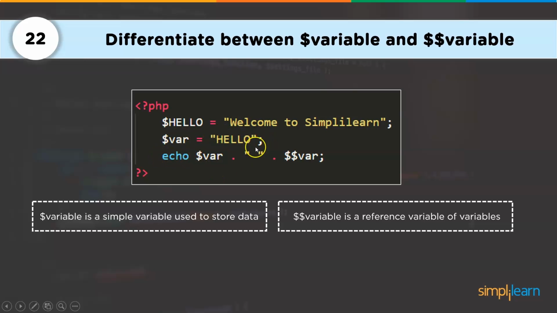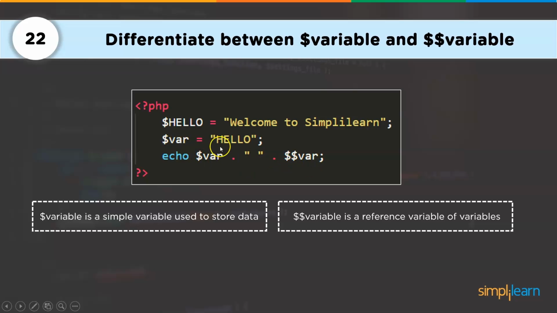Now in this echo, as you can notice, before that, you need to notice this is the same string as the name of this variable. So first we are displaying this variable and then we are referencing this variable here.